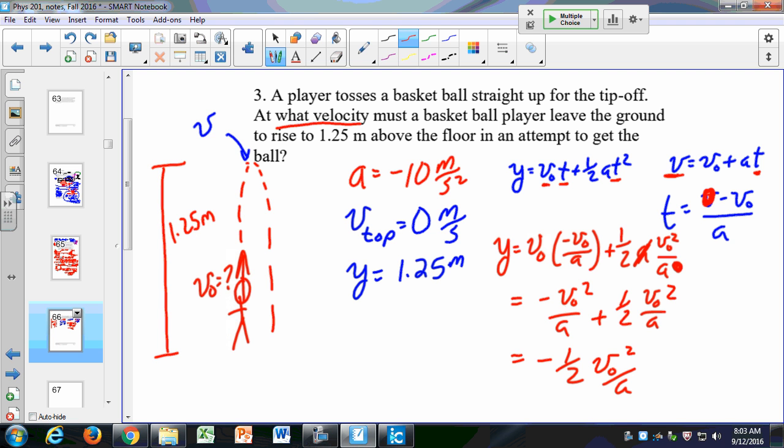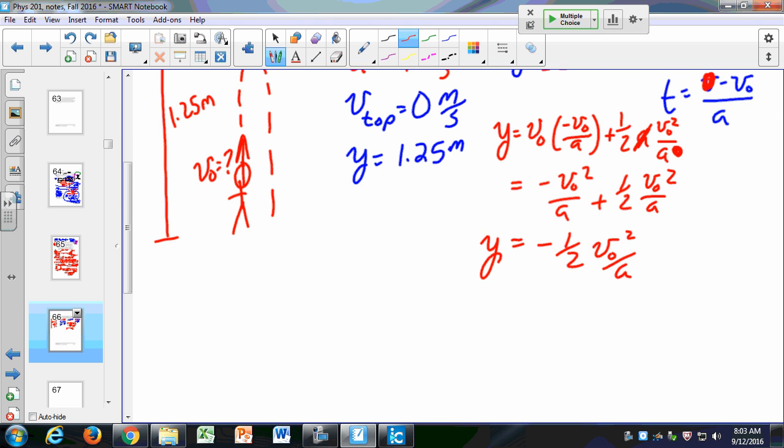I have negative 1 v naught squared over a, 1/2 v naught squared over a. Negative 1 plus a half is negative 1/2 v naught squared over a. This is equal to y. So I can solve this for v naught. v naught then is equal to the square root of negative 2ay.